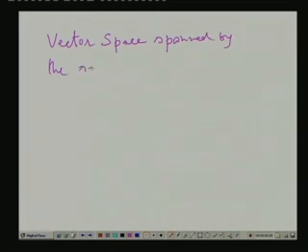Suppose we consider what is called the vector space spanned by the set S. That means, I consider the set, so I call it vector space V spanned by the set S. What is V?